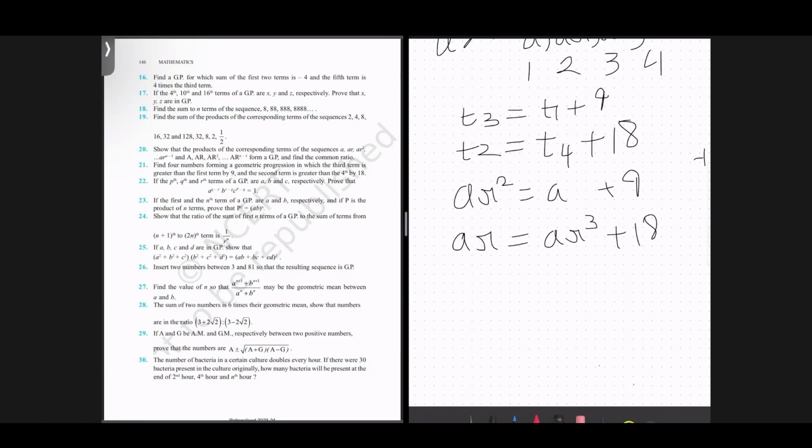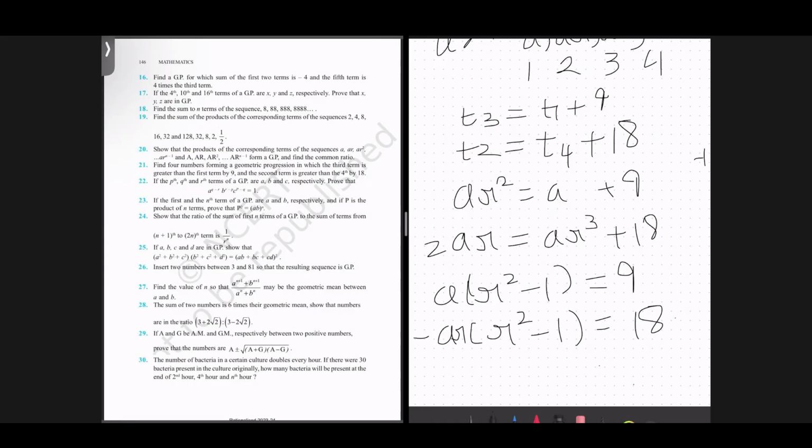Let us take common factors. So a(r square minus 1) is going to be 9, and in the second I will take minus ar common, so I'll get minus ar(r square minus 1) equal to 18, right? In the first equation I have taken a common. Now let us denote this by third equation and this by fourth equation.